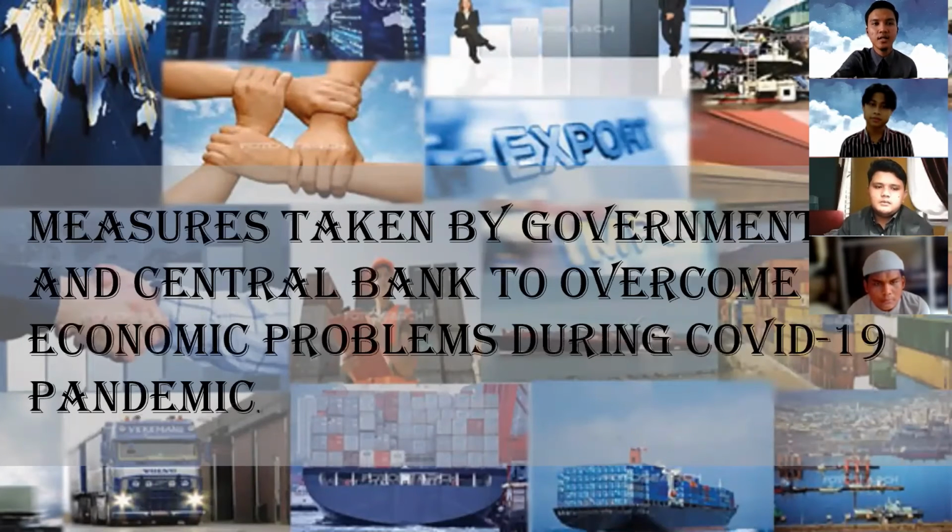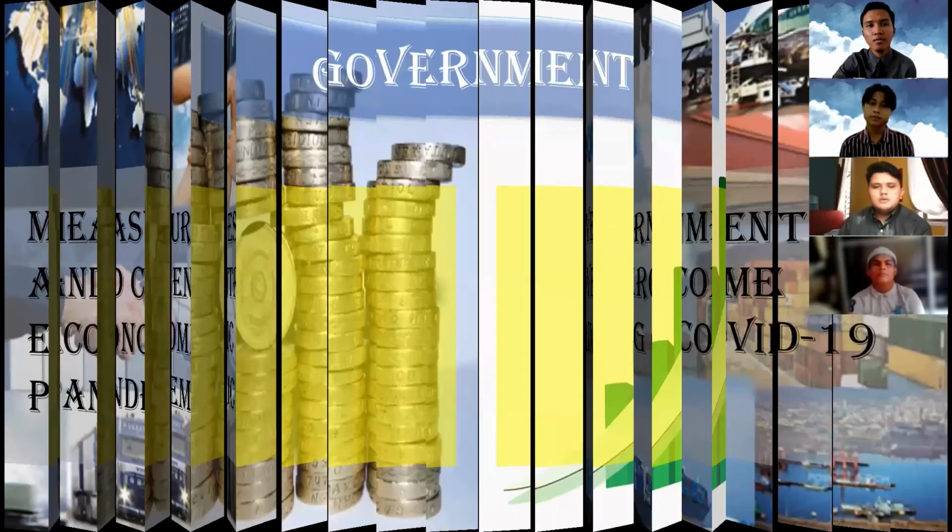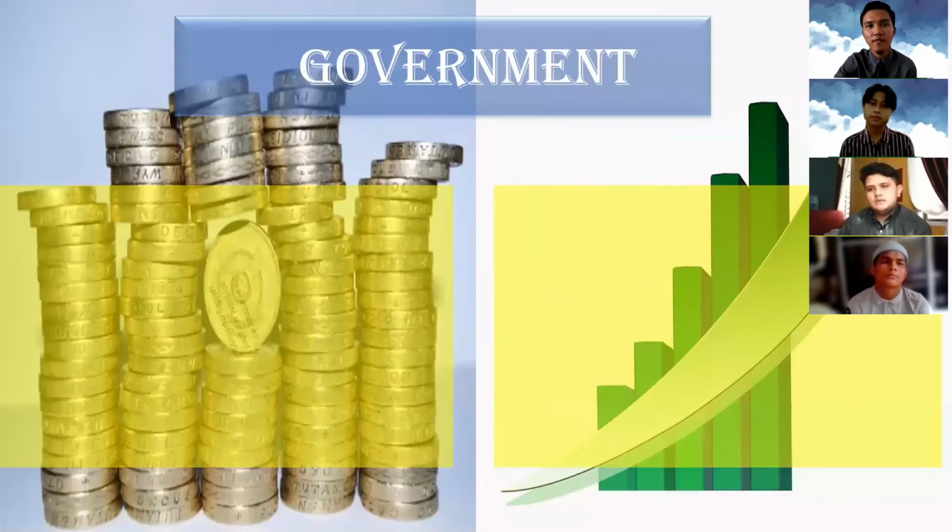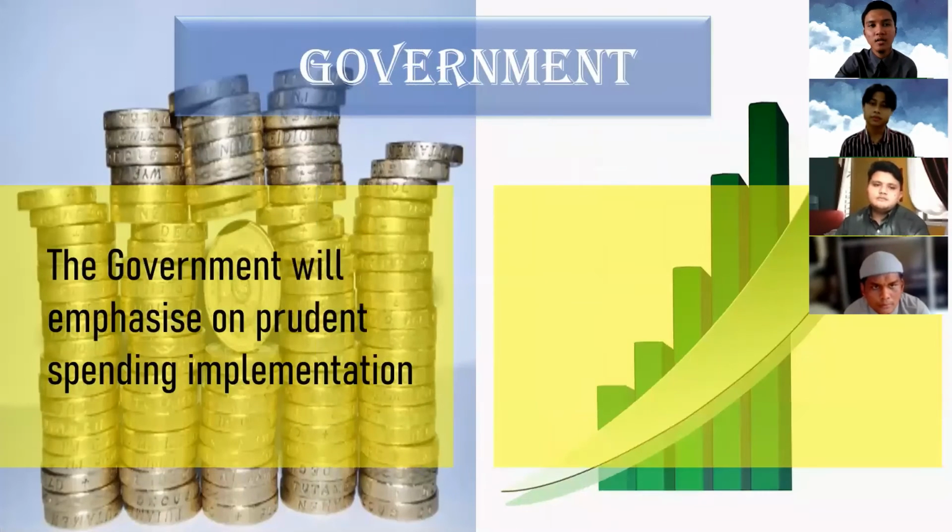So next, the measures taken by the government and central bank to overcome the economic problems during the COVID-19 pandemic. For the government, it will emphasize prudent spending implementation and reduce liquidity to ensure the country's financial position remains strong.